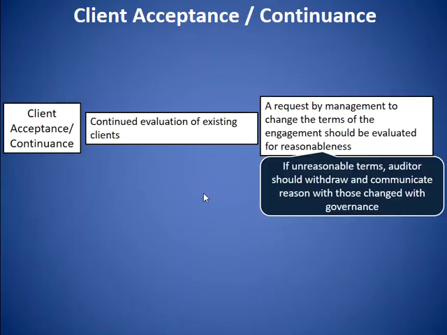In other words, if we're changing it from the prior year and those terms are unreasonable, the auditor should withdraw and communicate the reason they're going to terminate the engagement to those charged with governance, typically the board or the audit committee, the board of directors.